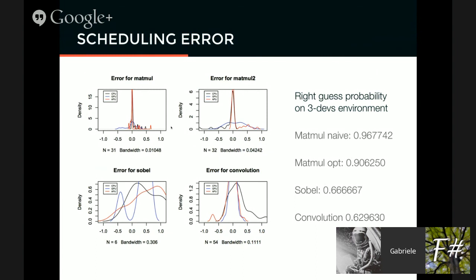For example, in matrix multiplication, the naive version and the optimized version, we have about 100% probability of guessing the right device, and so making it as fast as possible. For other algorithms, the reliability is a bit lower, so the right guess probability is a bit lower. But anyway, we are trying to improve it by extracting more and more meaningful features in the future.